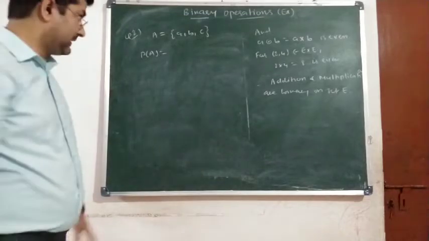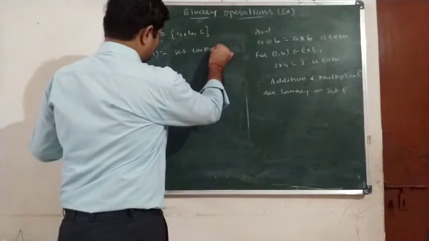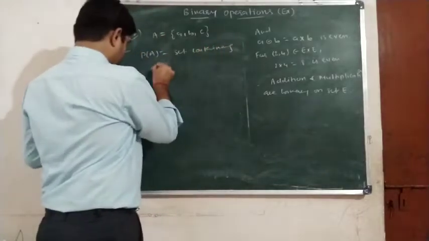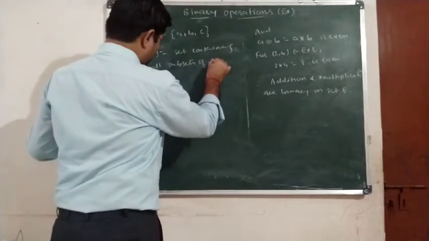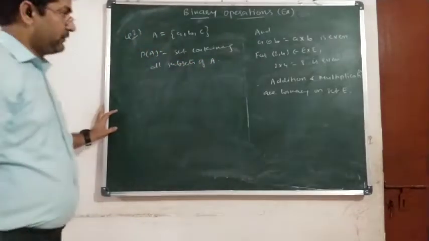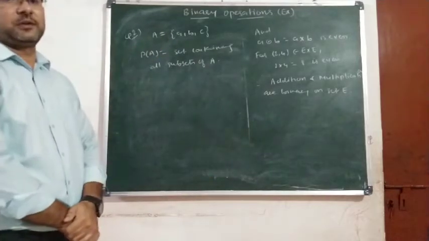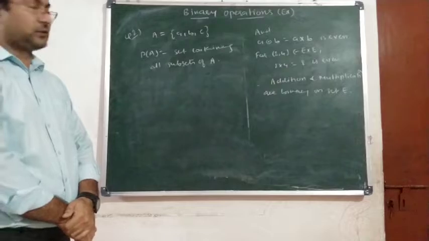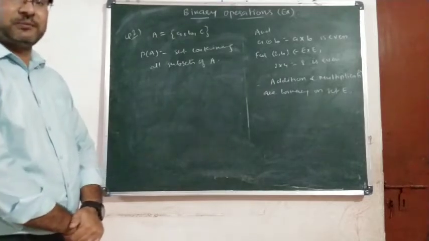It is a set containing all the subsets of A. And we know that there will be 2 raised to 3, so 8 subsets will be there.